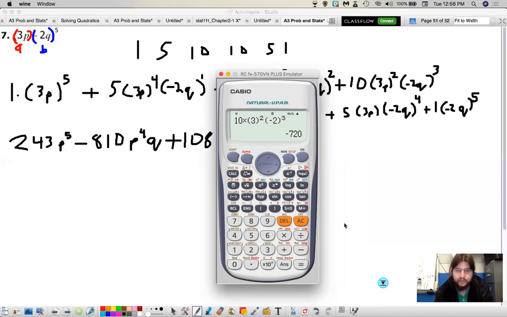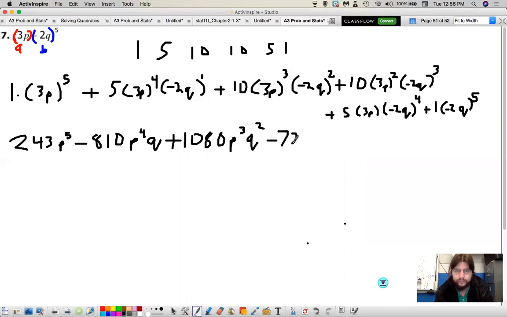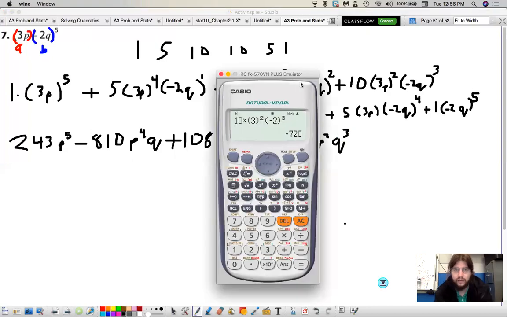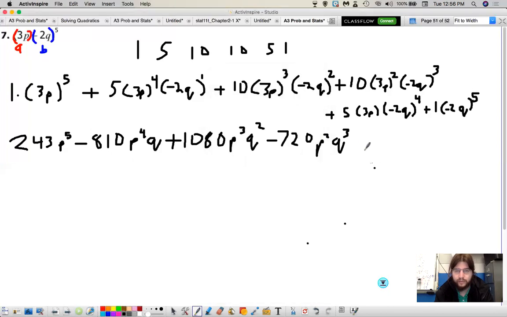And we get negative 720. 5. That's going to be 1. And that's going to be 4. 240.